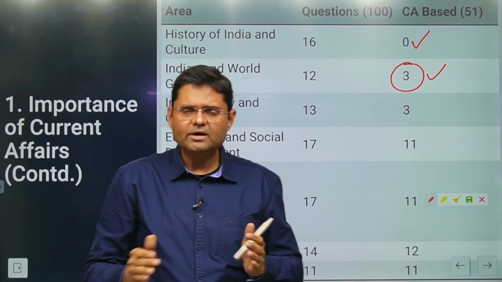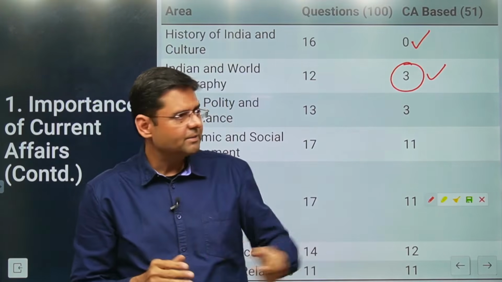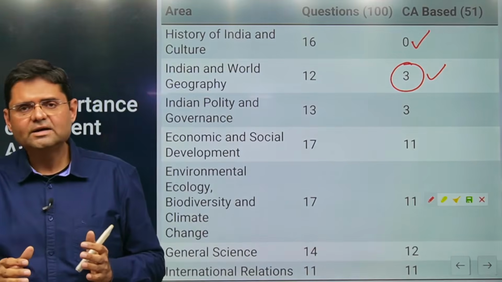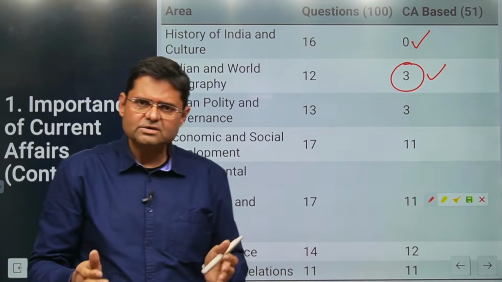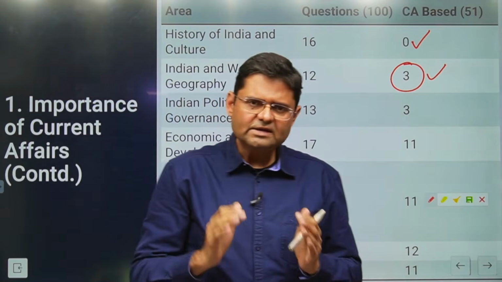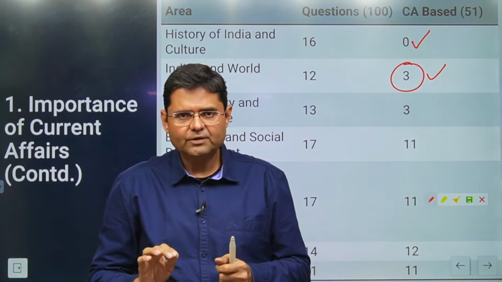So for Indian polity, yes, the number was 3. And given the fact that 13 questions came in Indian polity, the number of 3 looks a little modest, but nevertheless, whatever is fact is fact. So in polity, out of 13, there were 3 such questions which had a clear correlation with current affairs.